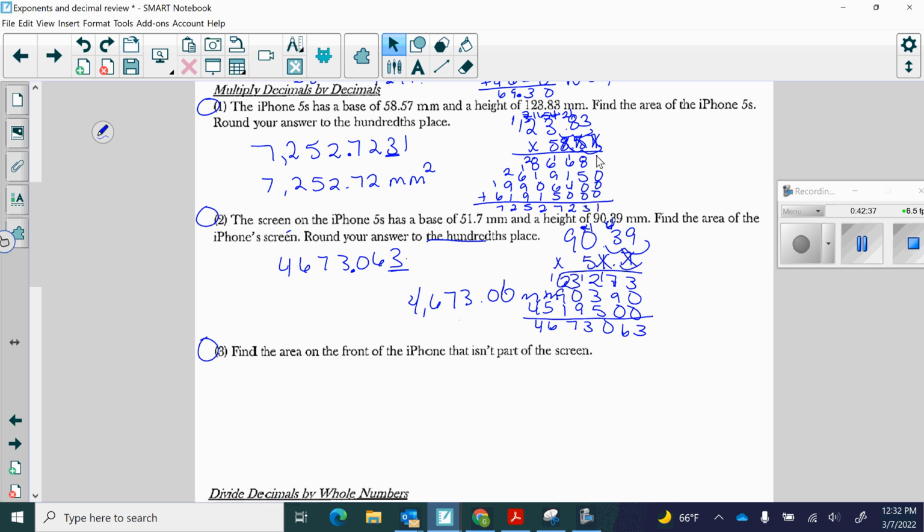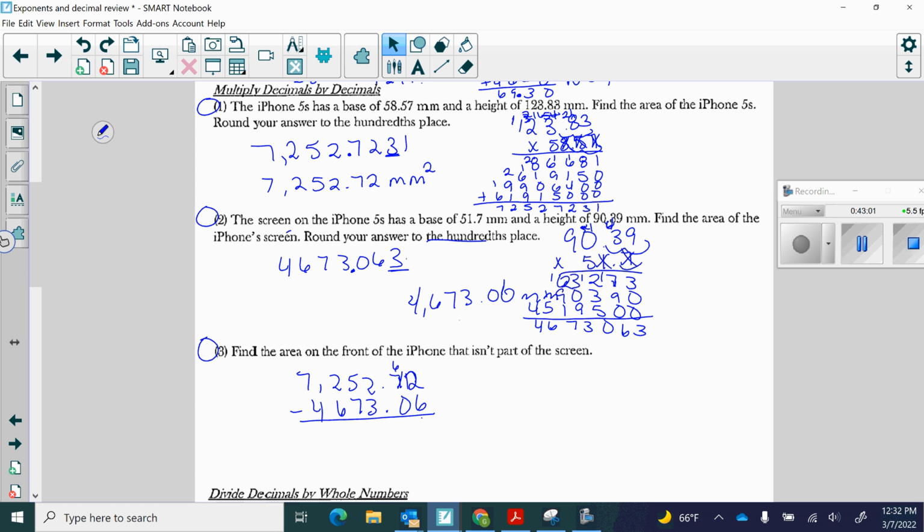Then, jumping back down to number 3, I should have 7,252 and 72 hundredths minus 4,673 and 6 hundredths. Two minus 6 can't do it.